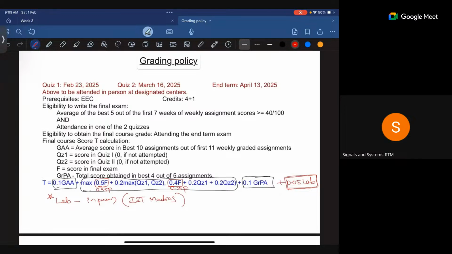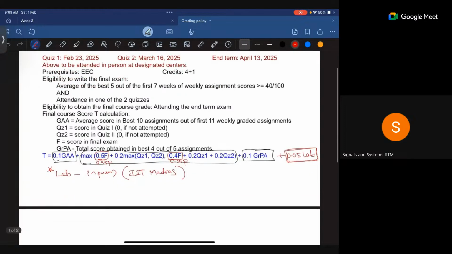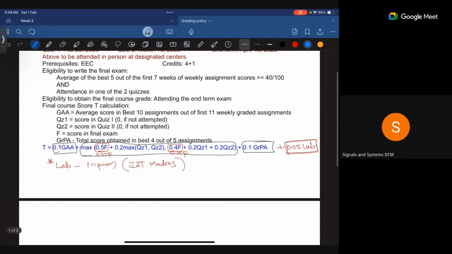But there is some relaxation on this. So as I said, this in-person thing, if you are interested to come in person to IIT Madras, then you can come. We recommend you to come in person and do it because if you come in person, grades will be in our hand.